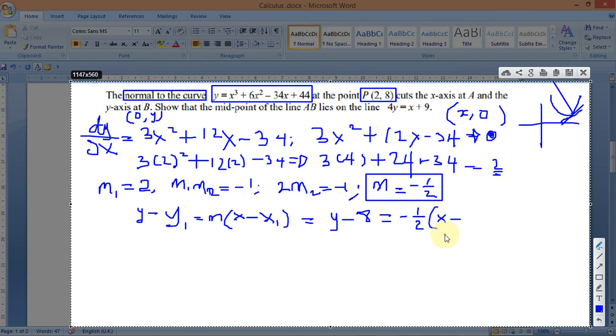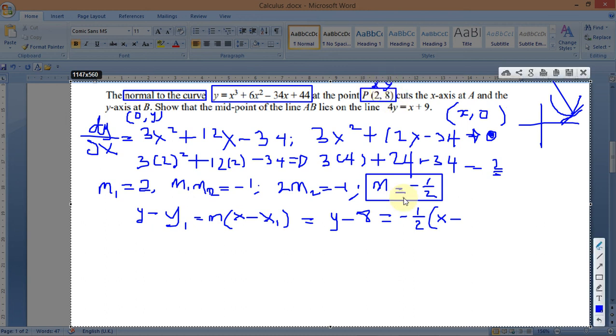My x1 there is 2, because I have y minus y1 equals m into x minus x1. So y minus 8, because I'm using this. This is your x and this is your y.